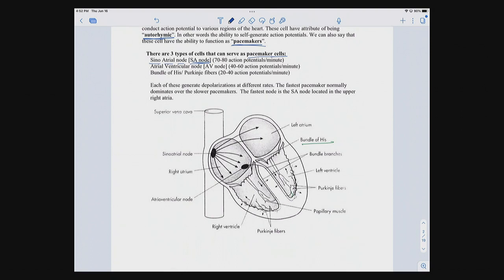The SA node is right up here, near where the superior vena cava, and then the inferior vena cava, is interfacing with the right atrium. These specialized cells are going to be generating periodic action potentials, and their baseline tends to be around 70 to 80 action potentials per minute.